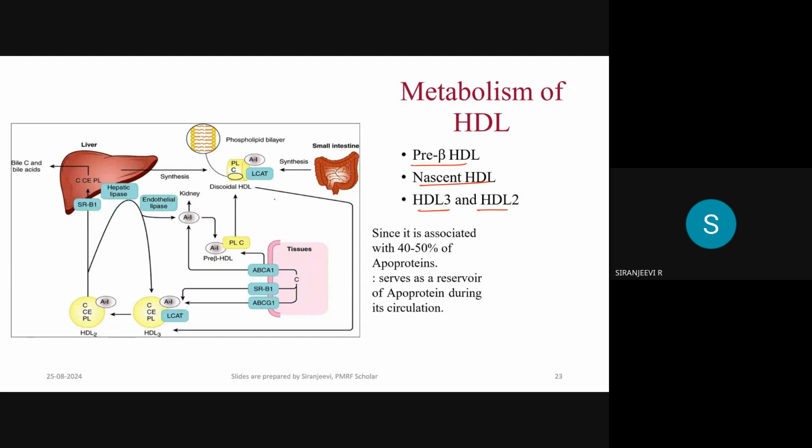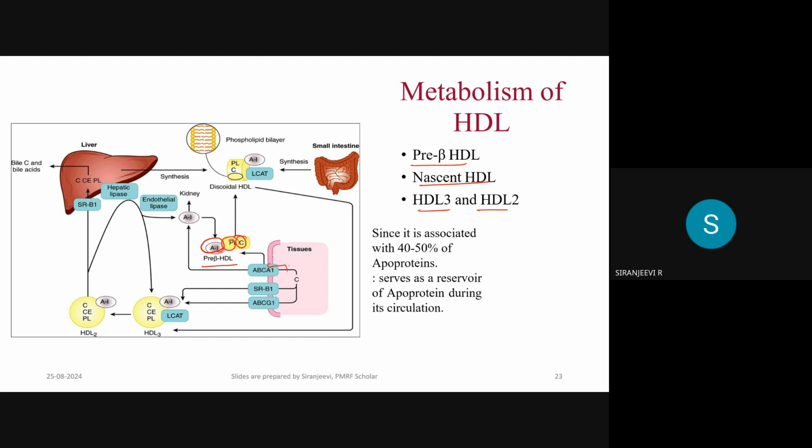First, we'll see the pre-beta HDL that is formed from the hepatic tissue mostly, and it has apoprotein A1. The pre-beta HDL can take the phospholipids as well as the cholesterol from the tissues by the action of ABCA1.